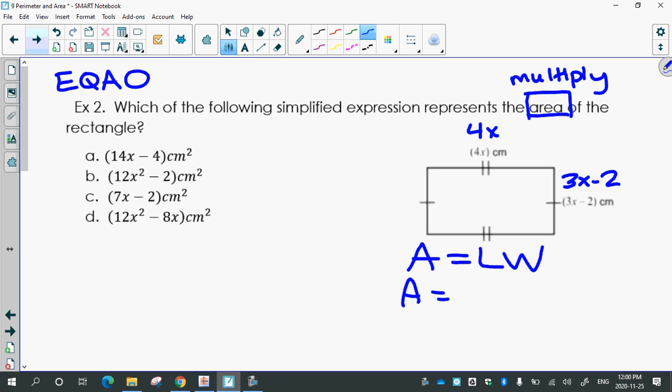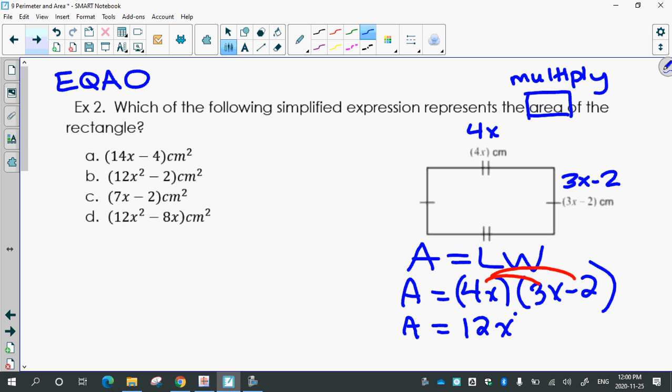So I would want to put my one term in front and my two term after. Distribute, and then be really careful when I'm distributing. 4x times 3x is 12x squared. 4x times negative 2 is negative 8x.